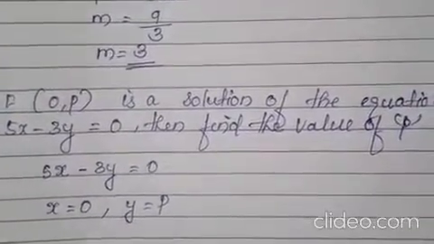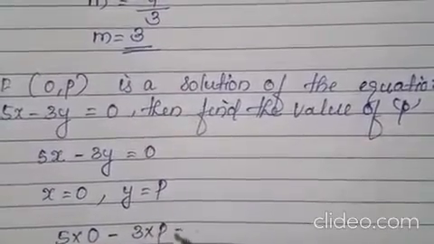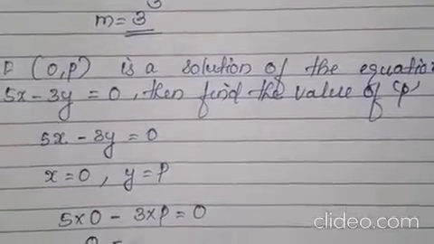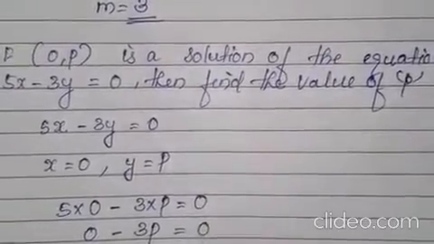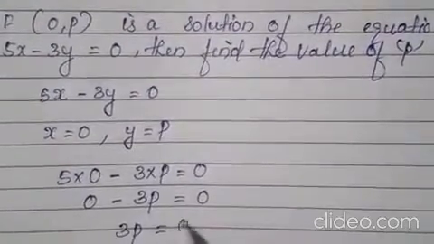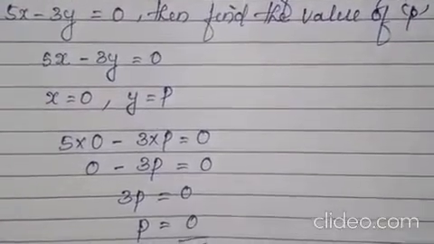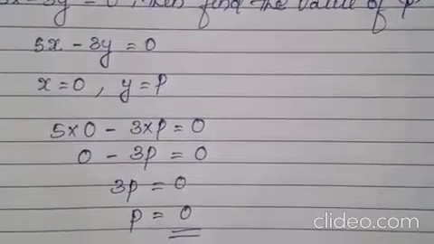So 5 into 0 minus 3 into p equals 0. 5 into 0 is 0, minus 3 into p, that is 3p, equals 0. So we will get 3p equals 0. Then p is equal to 0 only. Understood? In this way we are finding the values.